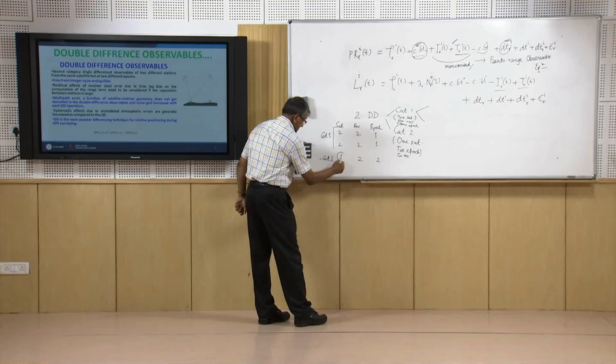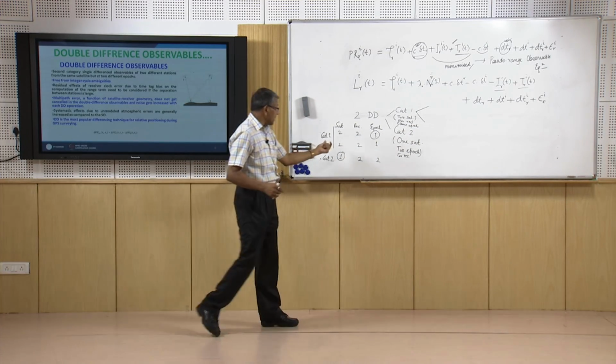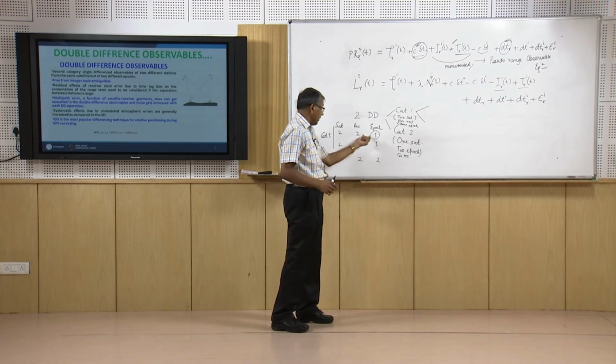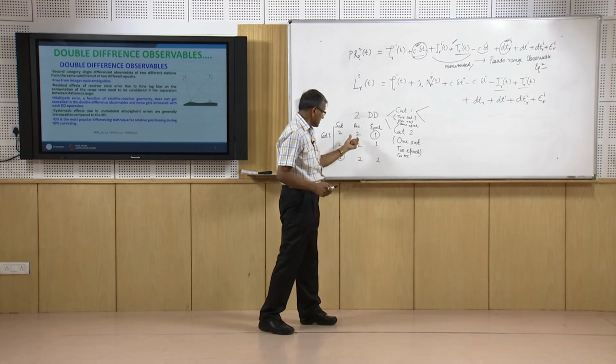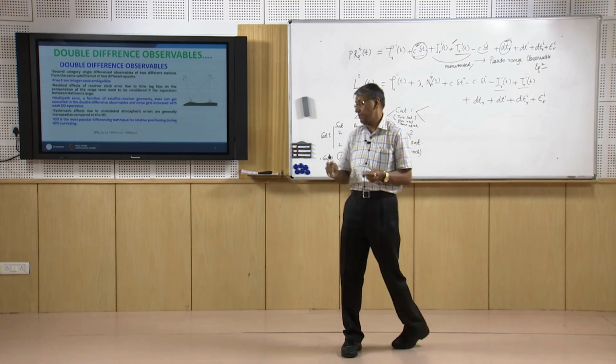That means either the satellite can be 1 or the epoch can be 1. In both cases we take the signals from 2 different stations or 2 different receivers.